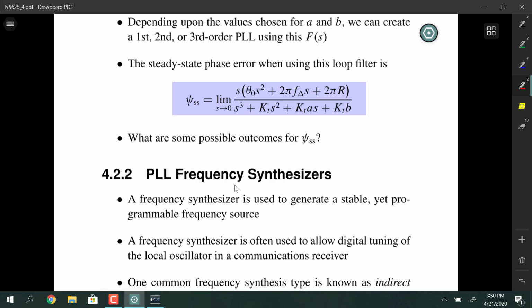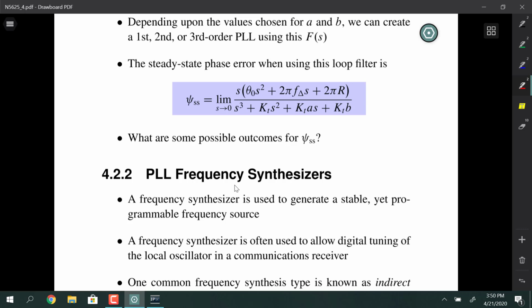There's not really any good example in the book other than a couple of things in this section of the textbook, but this also is a setup for what could be a problem on the exam or the final exam. So the most important thing is just making an assumption about what loop filter is present, and then what sort of static or steady state phase error you might get under a certain type of perturbation that you're going to have on your platform.